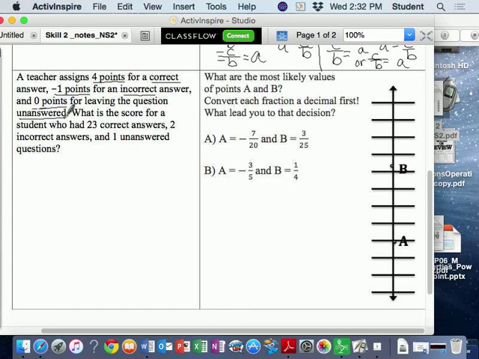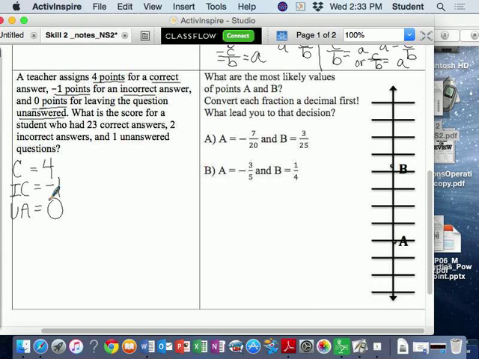What is the score for a student who had 23 correct answers, 2 incorrect answers, and 1 unanswered question? Okay, so let's look at the information that we underline and see what we know. For correct ones, you get 4 points. For incorrect, you get negative 1 point. And then if it's unanswered, you get 0 points.